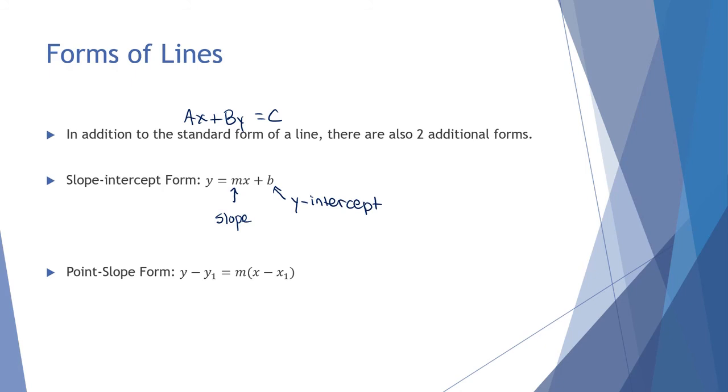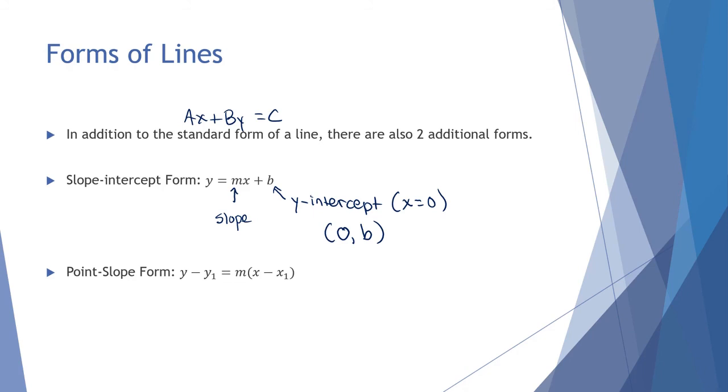The y-intercept is where we cross the y-axis, and we do that where x is equal to 0. So that gives us an ordered pair, (0, b). If you're given any ordered pair where your x value is 0 and you know what your b is, you're given a y-intercept. So slope-intercept form gives you the slope, and it gives you one point from there.